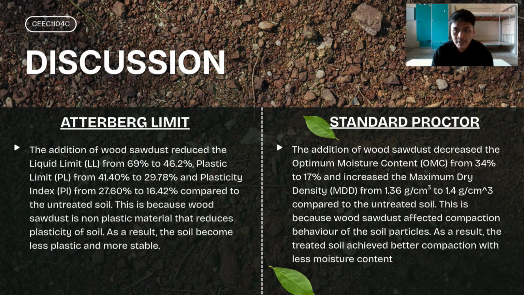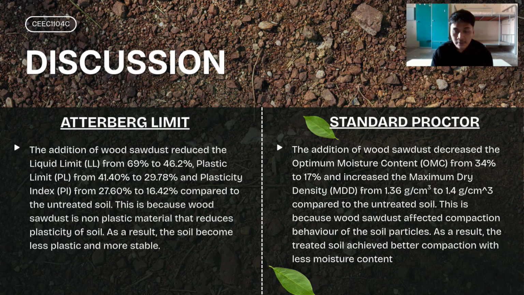A lower plasticity index indicates that the soil is less susceptible to change in moisture content and has better stability. Therefore, the addition of wood sawdust improves the engineering properties of the soil by reducing its plastic behavior.